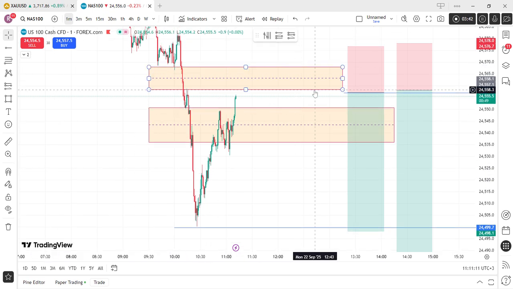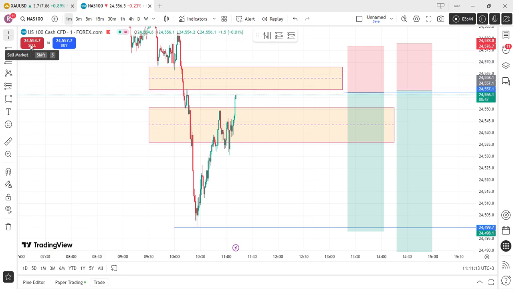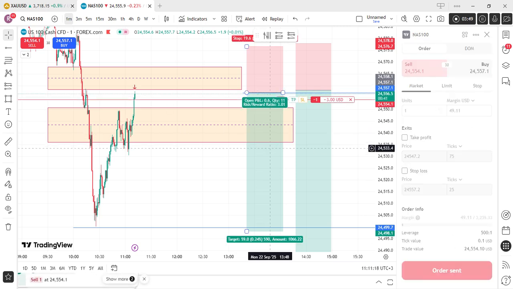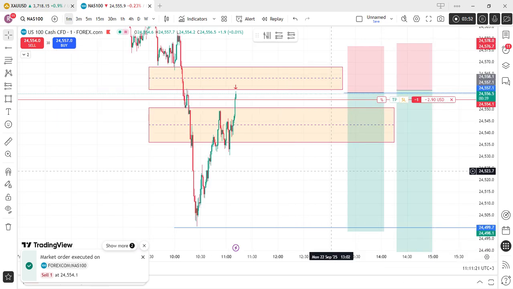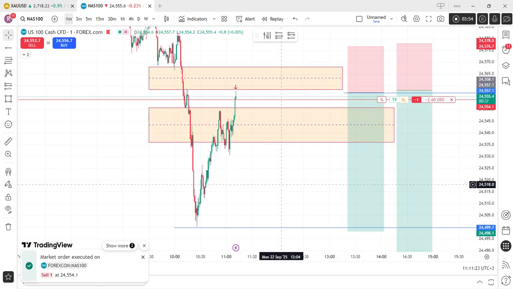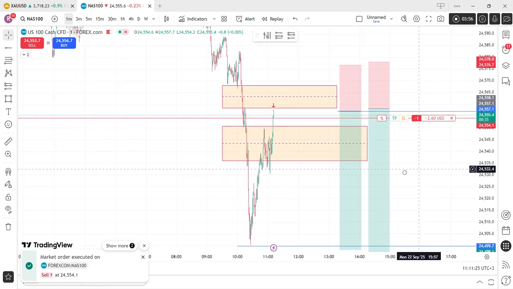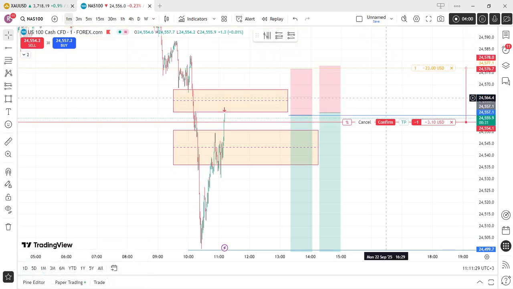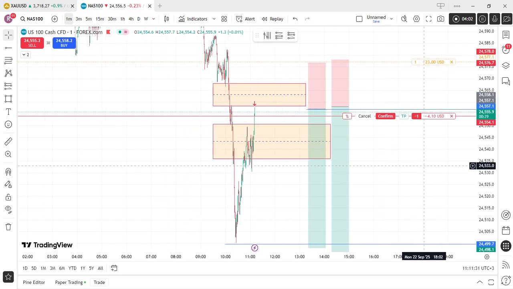So it's almost at the entry point, so I'm gonna be making some sales there. This is just to show you guys how this is done. This is not really real money, this paper trading, as you can see. And stop loss is gonna be above there, within the entry level.